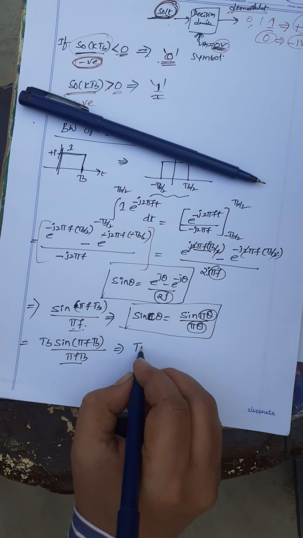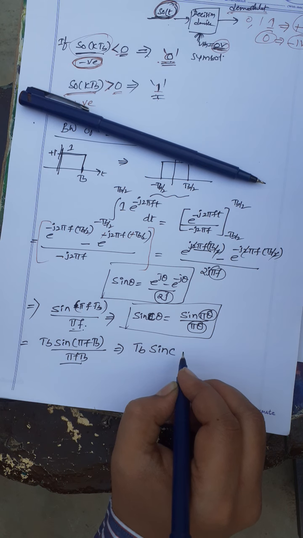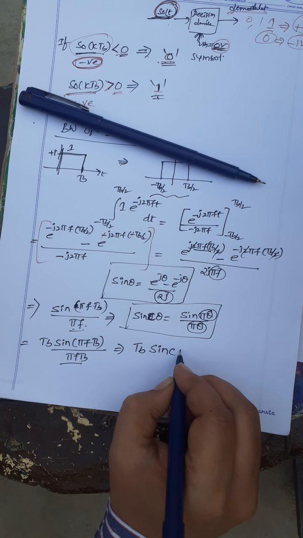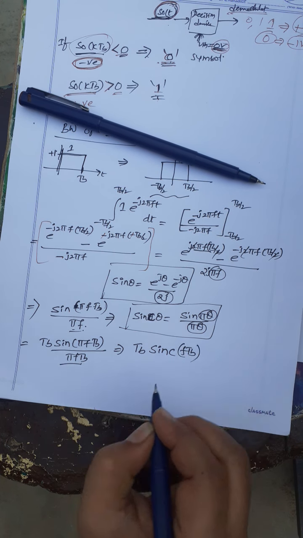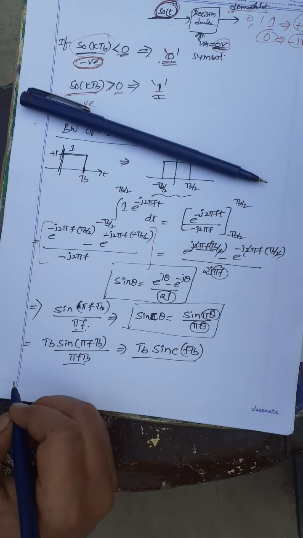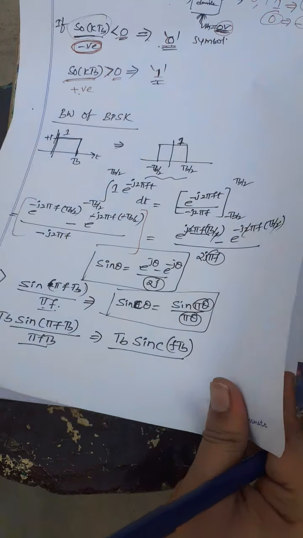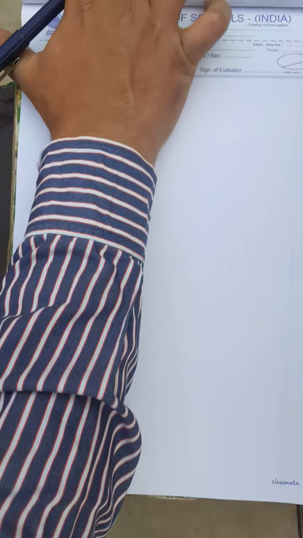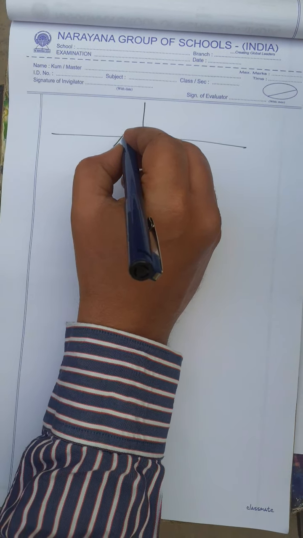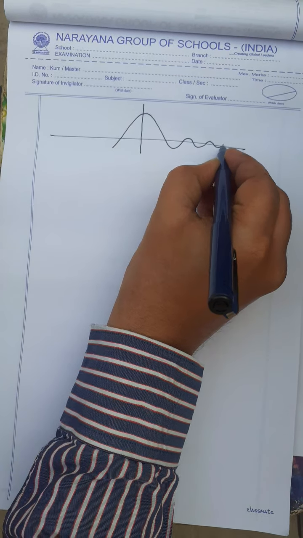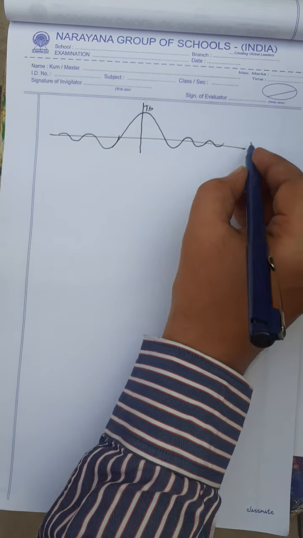So it becomes Tb sinc f Tb. Now we know how the sinc function is represented. For the sinc function, the amplitude is Tb, right? This is a sinc signal.